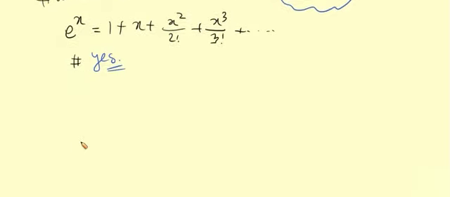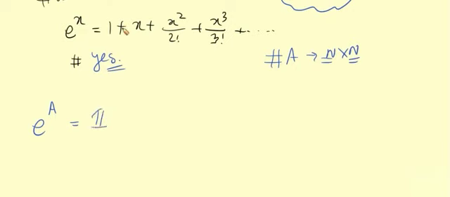Let's try to see. The idea is that whenever you write e to the power A, where A is a matrix, you can always expand it by defining a power series expansion, provided it exists. And also note that we are considering this A to be a square matrix, that is an n cross n matrix. If you do that, the first element will be the identity, that is the analog to this number over here. So instead of a number, now you're getting a matrix, and this is an n cross n identity matrix.